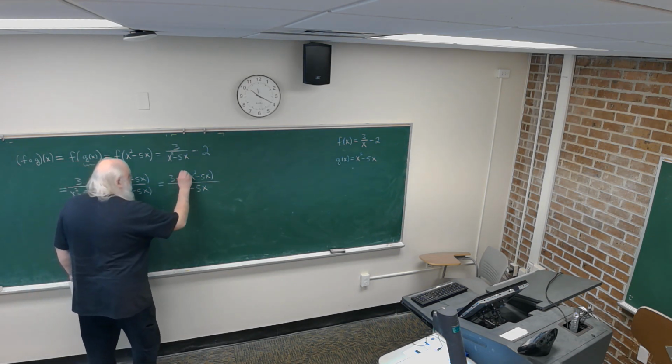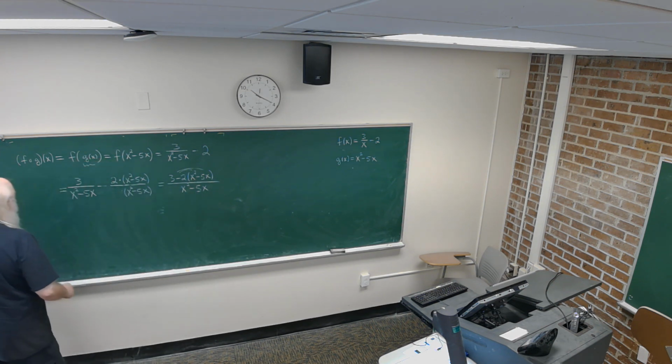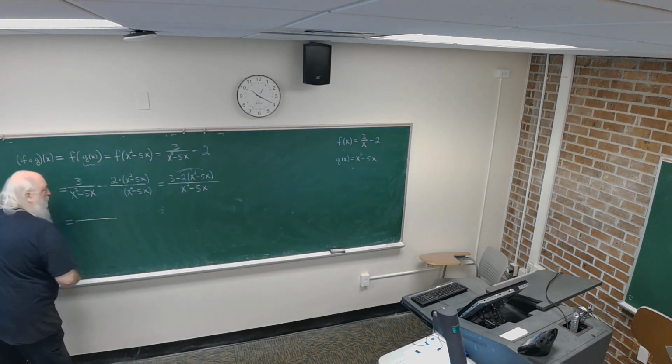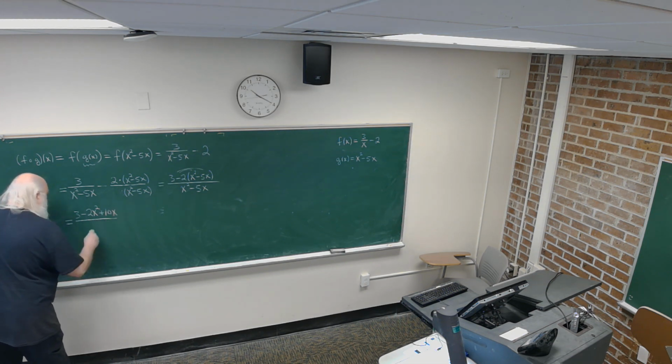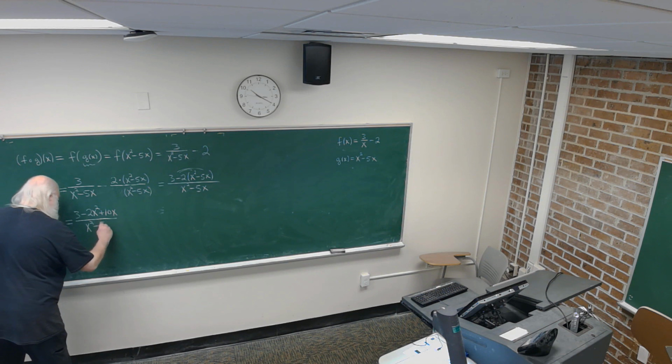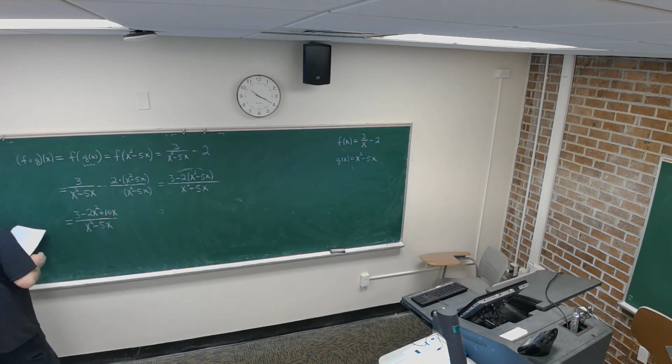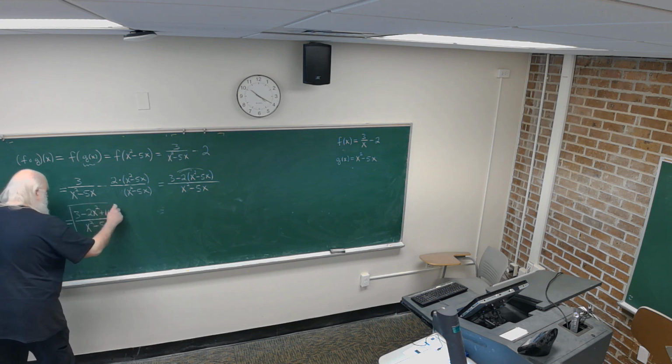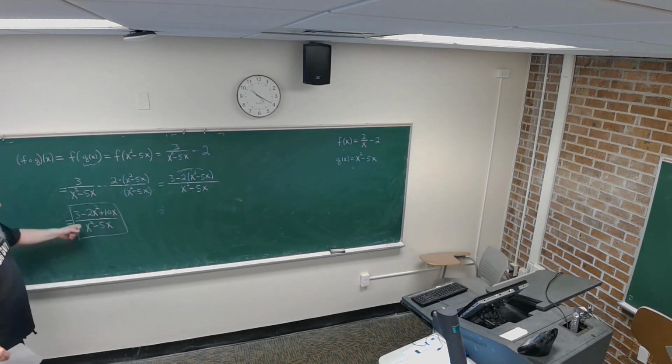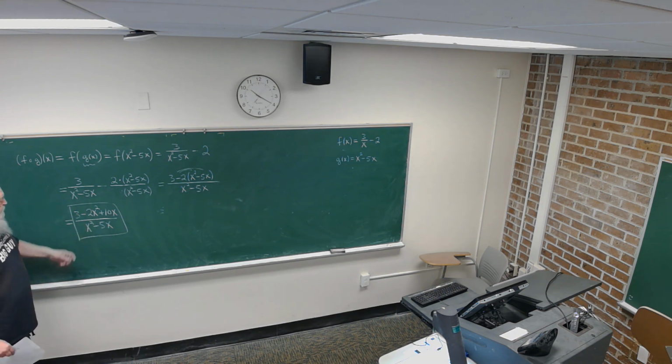So we distribute the -2 inside the parentheses, and we have 3 minus 2x squared plus 10x, all over the common denominator, x squared minus 5x. Now, if you want to, you can write the numerator in descending powers of x: minus 2x squared plus 10x plus 3. But the numerator doesn't factor. In the denominator you can factor out an x, but the numerator doesn't factor, so you can stop right there.